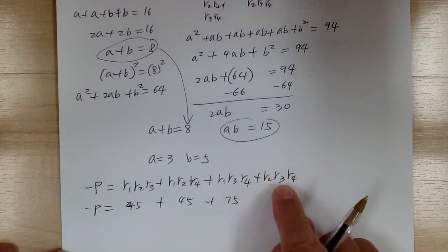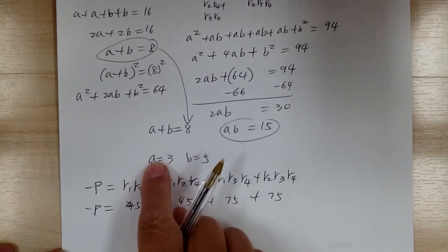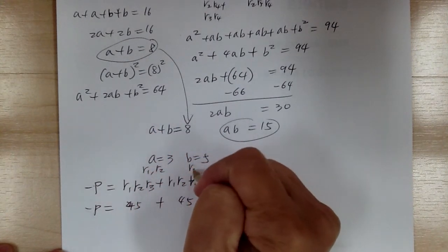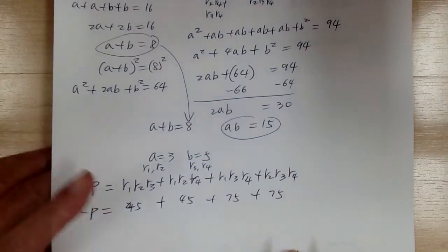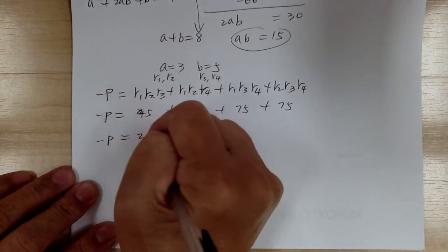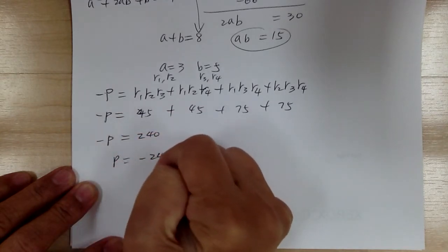And this would be 3, 5, 5, it would be 75. Again, this is your R1, R2, and this is your R3, R4. So substitute these numbers into here, you get that. So you get negative P equal to 240. You add this together, so P equal to negative 240.